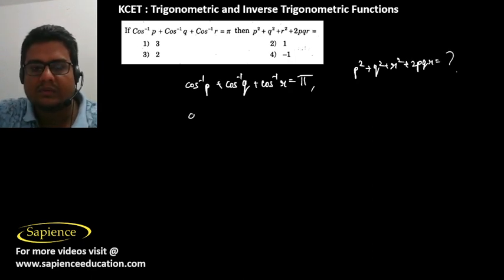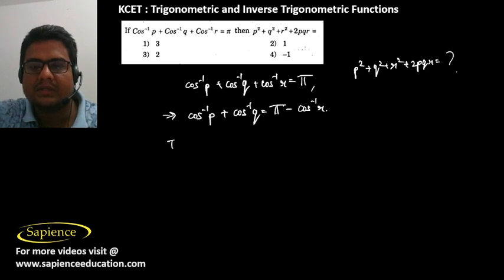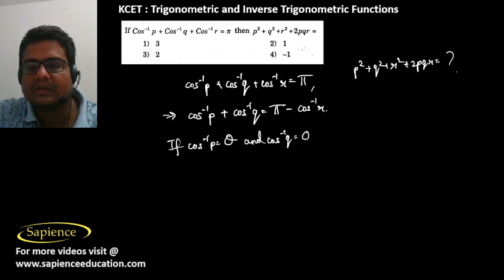Now we can say that this can be written as cos inverse P plus cos inverse Q, that will be equal to pi minus cos inverse R. Now if I take cos inverse P as theta and cos inverse Q as phi, then we can say that P will be equal to cos theta and Q will be equal to cos phi.